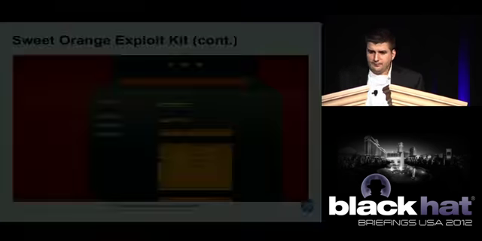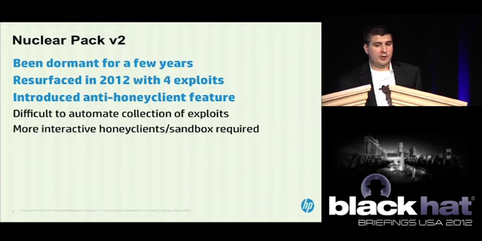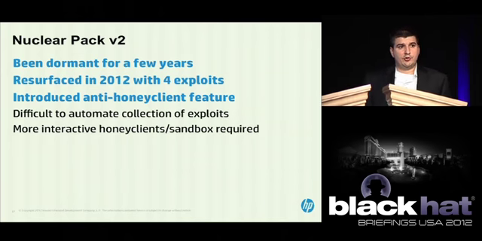So the last kit I'll talk about is Nuclear Pact, which actually popped up and then disappeared. It didn't reappear until this year, and it only has 4 exploits with it. But the interesting thing about this one was they added an anti-honeyclient and web crawling feature, to try to prevent people from collecting any information about their page or collecting their exploits.